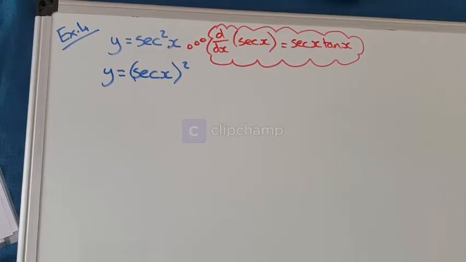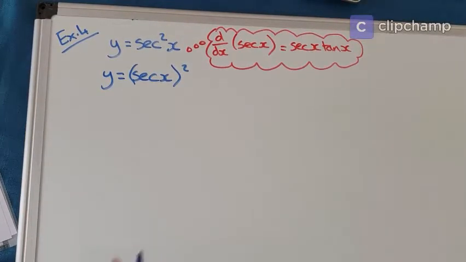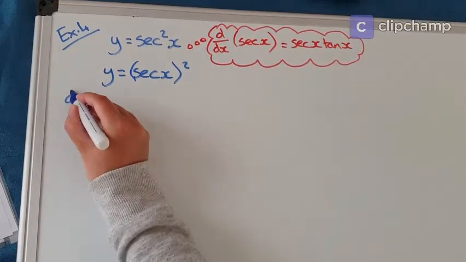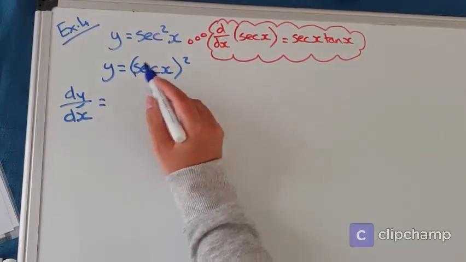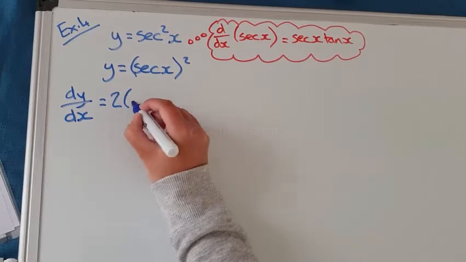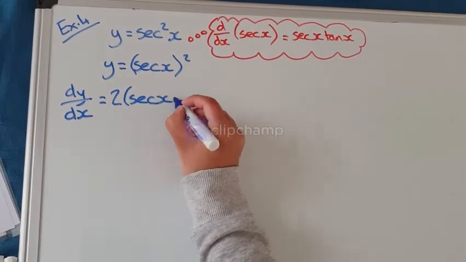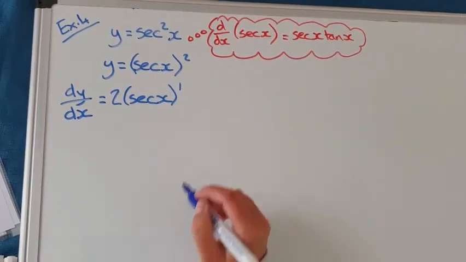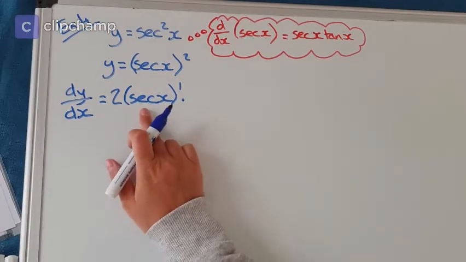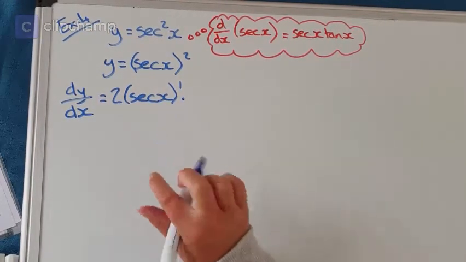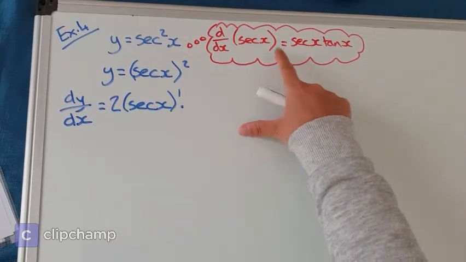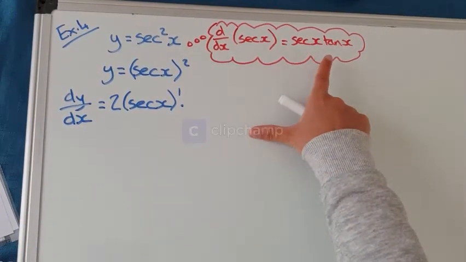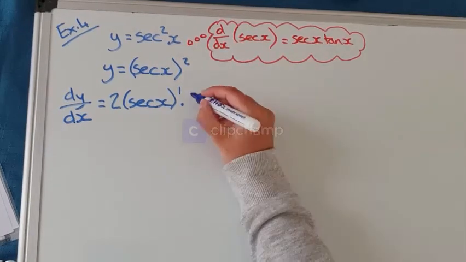Okay. Now, if I go to apply my chain rule, like I would do at higher, I say, right, my derivative, I bring the 2 to the front, and I take 1 off the power. But I also multiply by the derivative of what's inside the bracket. Now we've got sec x inside the bracket, and the derivative of sec x is sec x multiplied by tan x.